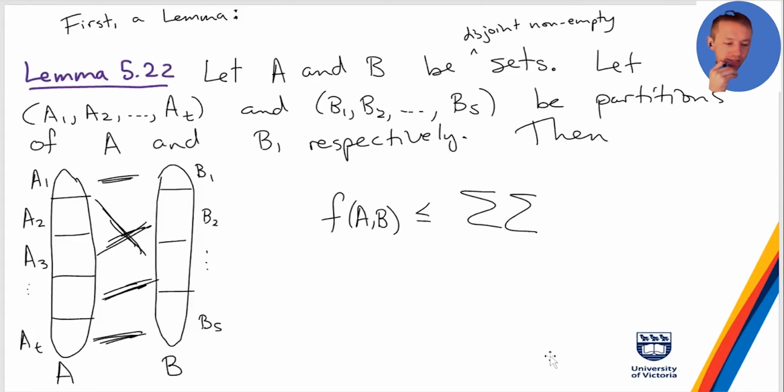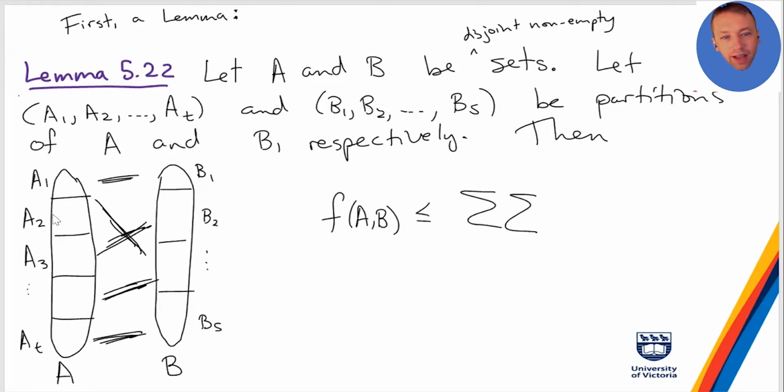Okay, so this is the key lemma for understanding how refinements affect the mean square density. All we really have to do is think about a pair of sets, because remember the f value of the whole partition is just adding up over all pairs the f value of that pair.